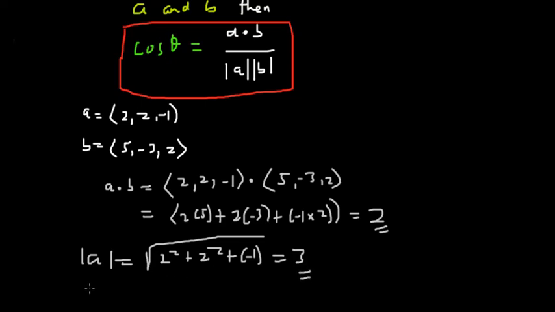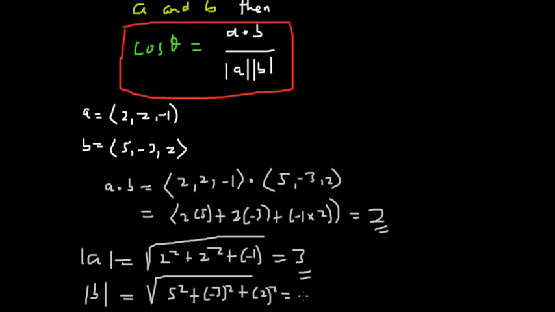This is our answer for the length of A. Now the length of B: 5 squared plus negative 3 squared plus 2 squared. When you compute this, you end up with the root of 14.